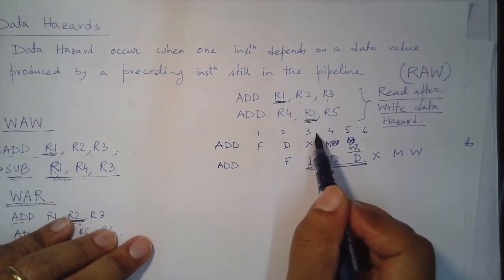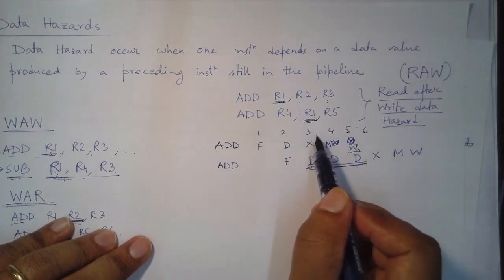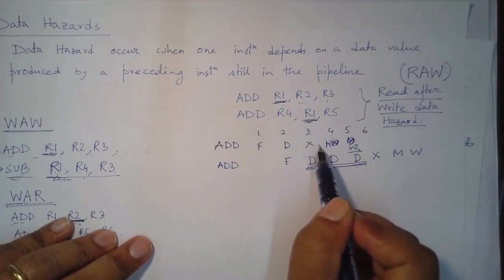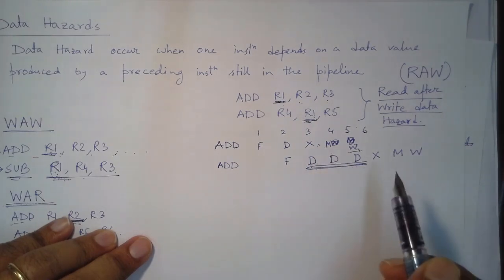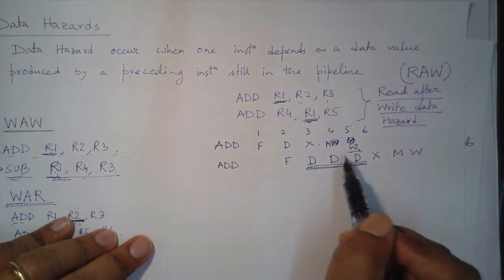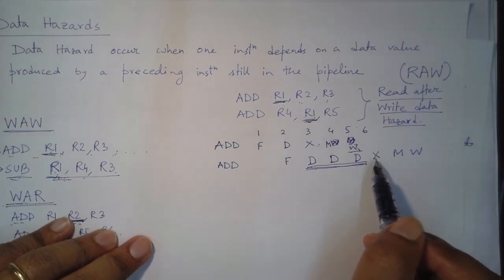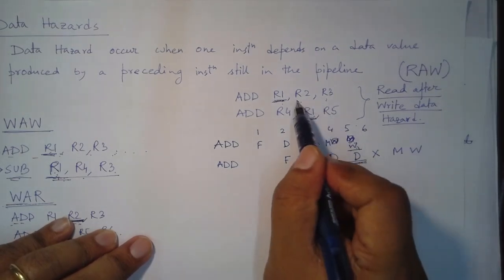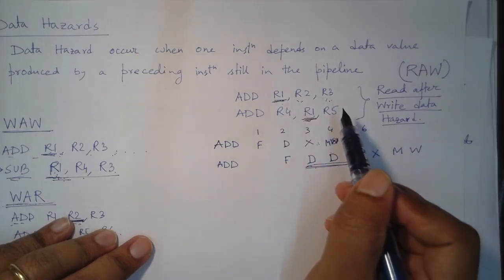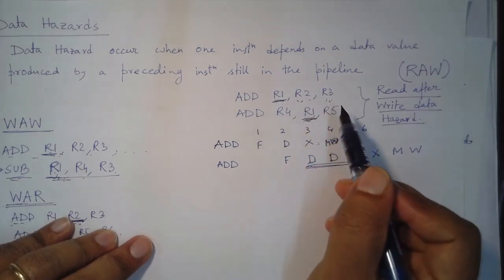So, can I forward, so this is also called forwarding, the data to the next instruction, so that it can start executing, because it is interested in the value of R1, and the value of R1 is nothing but R2 plus R3, right.